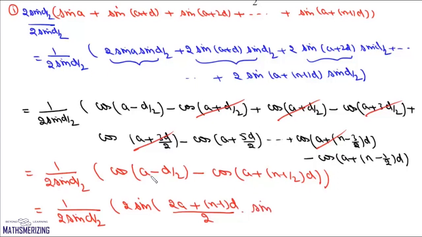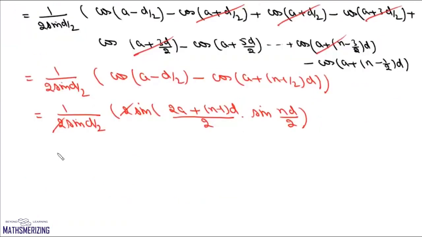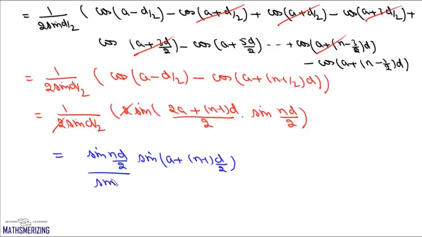Here a minus 1 by 2d will cancel. So we'll get this as sine n d by 2. Now we'll cancel this 2 with 2. We can write this result as sine n d by 2 into sine a plus n minus 1 d by 2 upon sine d by 2, which is the formula that we need to prove.